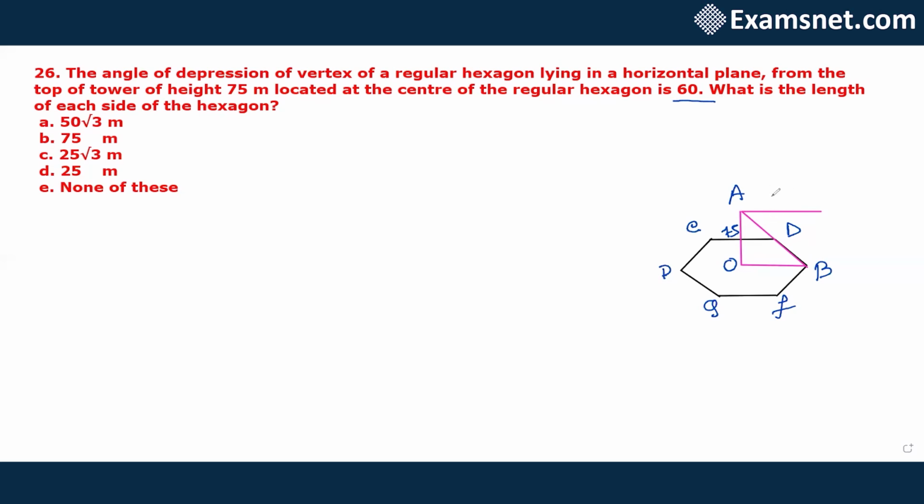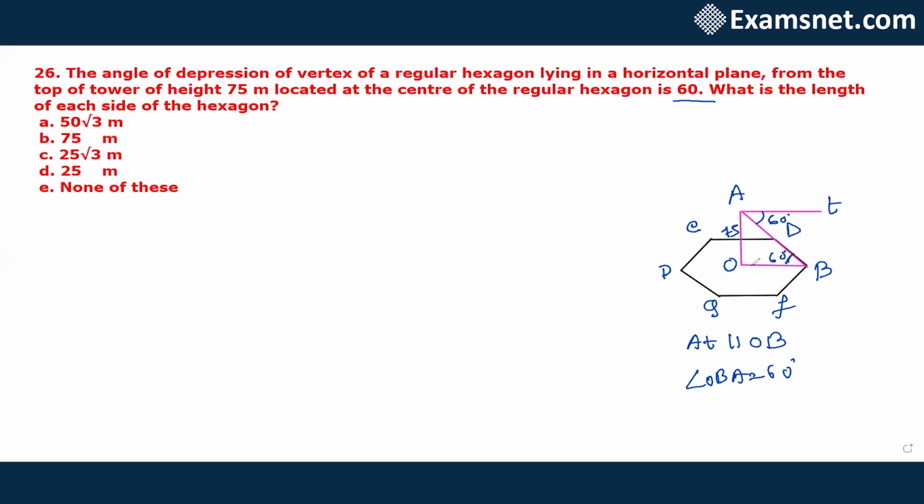So from the diagram, let's say here AT is parallel to OB. That means angle TAB is 60 degree. From alternate interior angles, we can say that angle OBA is 60 degree as well.